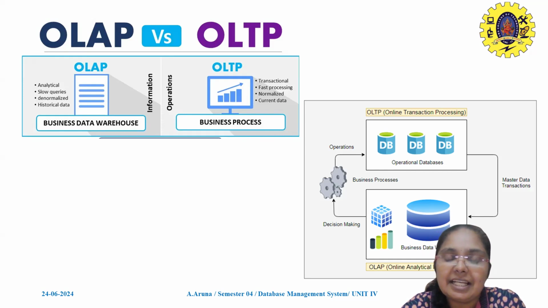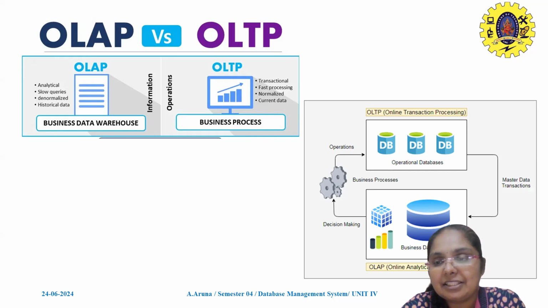If you are taking transactional processing, you want to display the current data, for example, the current cricket score or hockey score. If you want to show some graphical representation of that data, it should not contain any redundant data. Your table must be normalized.